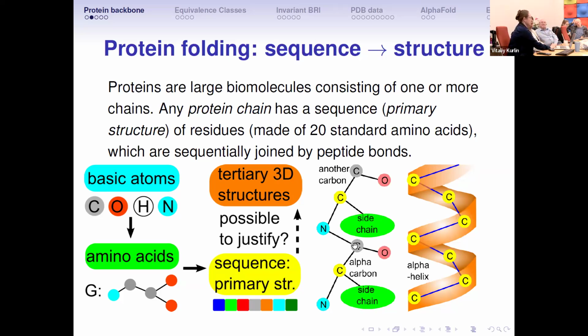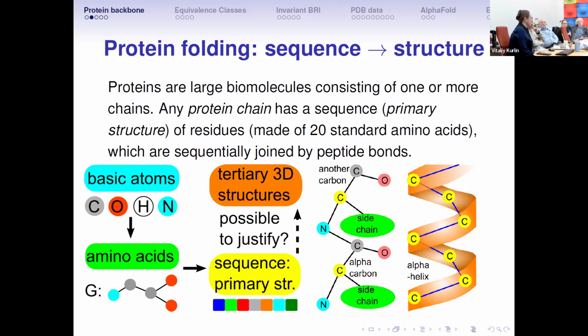So what happens is that by a peptide bond, carbon is connected to the nitrogen of another amino acid, and then we have a dipeptide. Then another amino acid is connected in a similar fashion, and we have a longer and longer chain of amino acids.